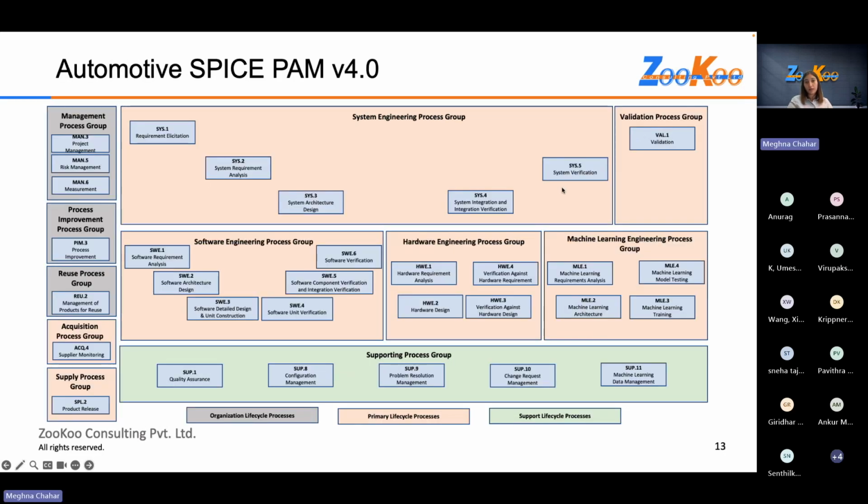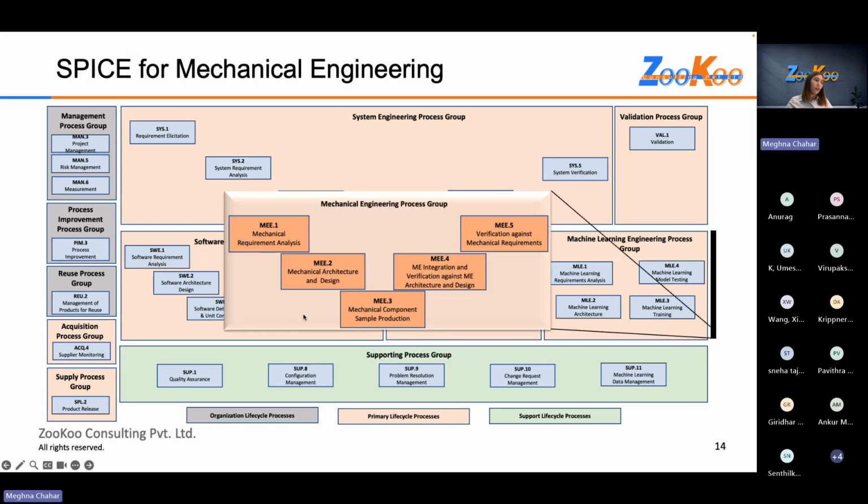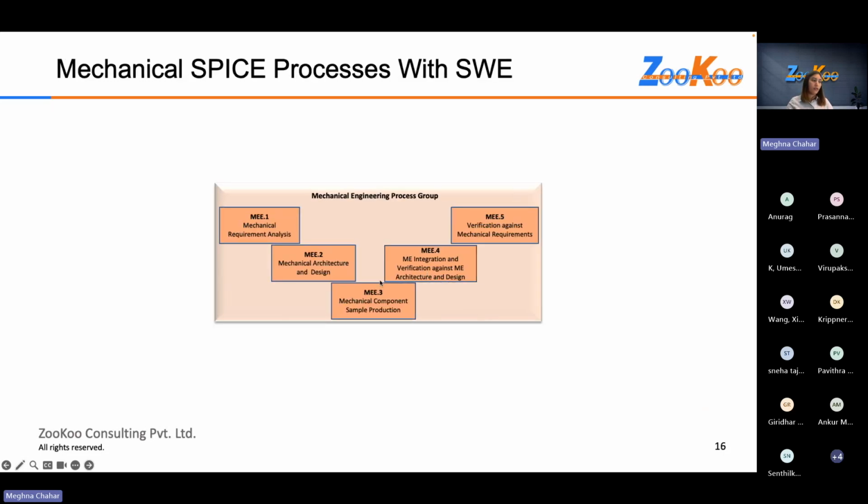But as the new version is based on Automotive Spice version 4.0, they have tried to stick to the same terminologies, explanation and structure. That's why here you're seeing all verifications. So yes, MEE5 is similar to, or you can say almost like, SWE.6.